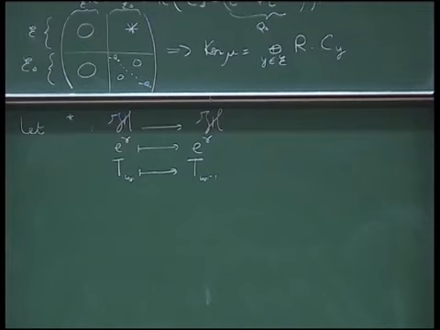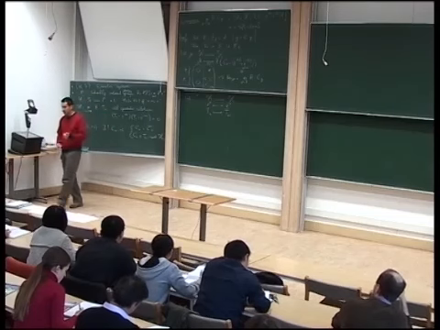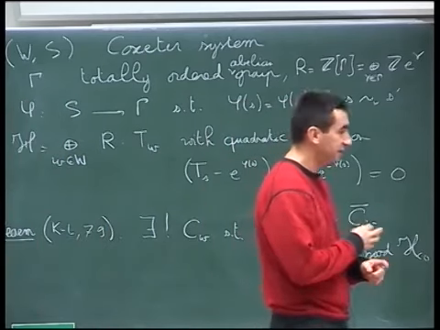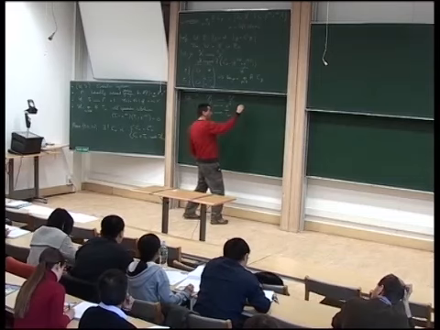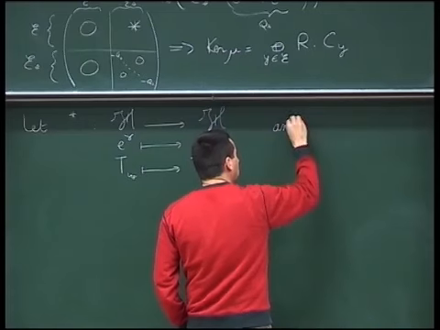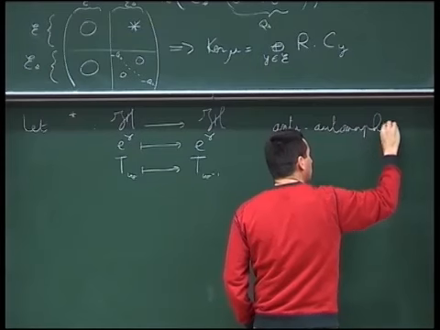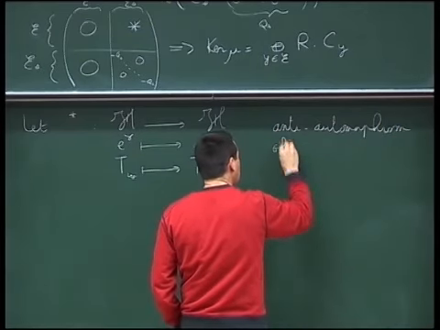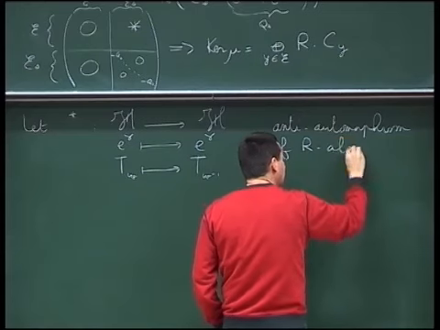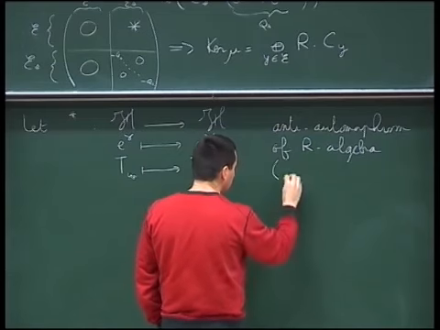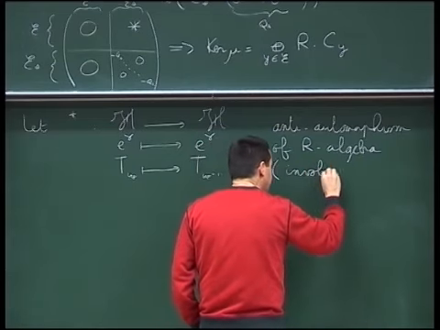So this one, by opposition with the involution bar, the involution bar is semi-linear, but it is an automorphism. This one is linear, but it is an anti-automorphism of algebra.